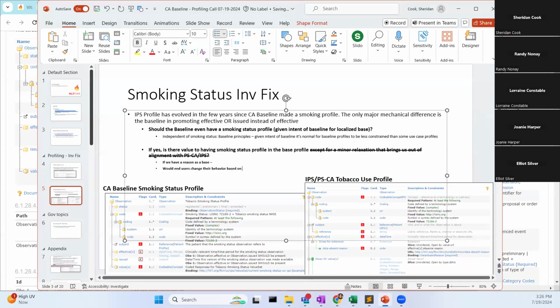I think having a bit of an idea of what kind of use cases we need to consider might help influence. Now we would hope that an IPS smoking status resource is also a conformant baseline smoking status resource because they're consistent. It might be more specific or extended, but we would hope that an IPS smoking status is a baseline smoking status, not necessarily the other way around.